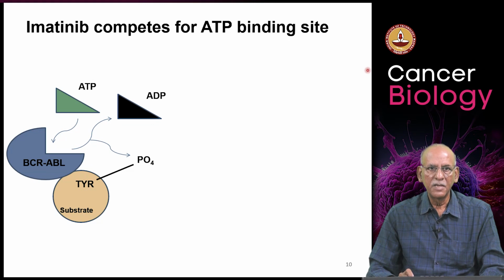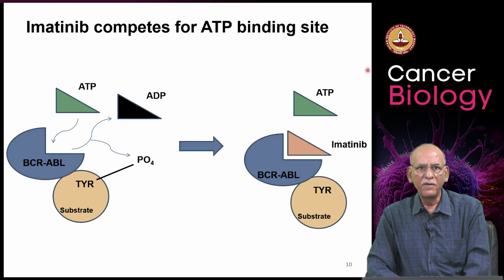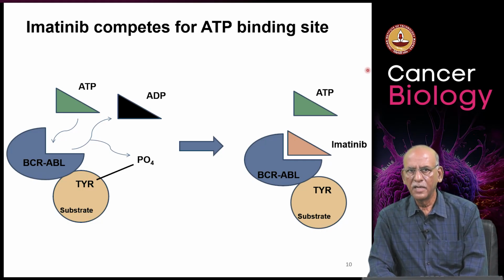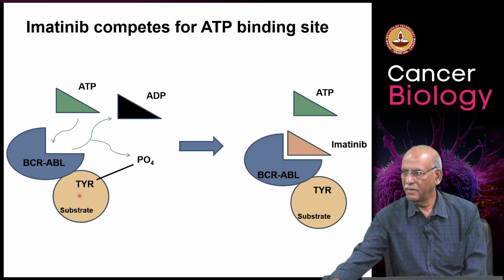See, when imatinib comes in, it replaces ATP. Otherwise, ATP will be binding here. Let us say this is the pocket to which ATP binds normally, and that will result in the elimination of ADP, and then the phosphate will be added to some substrate, whatever that may be, right.